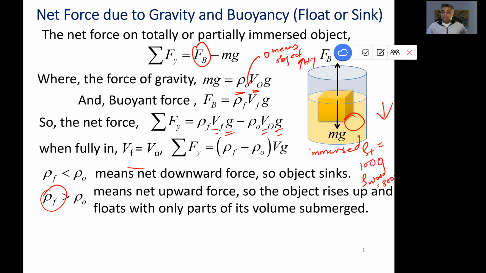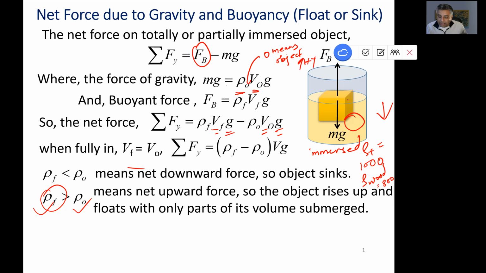So that means the density of the fluid is larger than the density of the object, here a wooden object. In that case, what's going to happen? Net force is going to be upward. Net force upward means even when you push that object all the way down in the water and let it go, it's going to accelerate up and come to the surface.